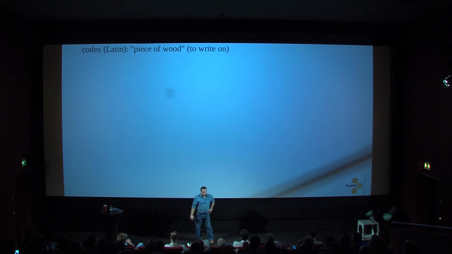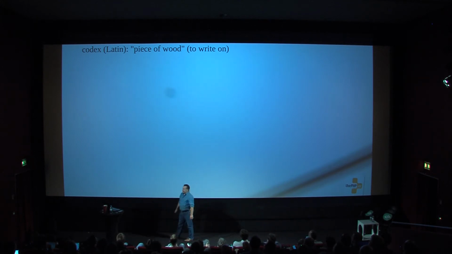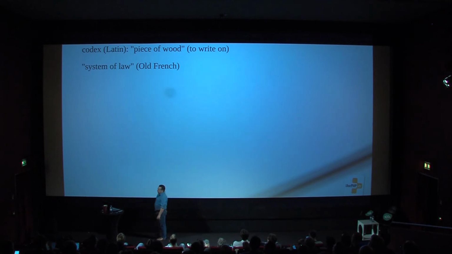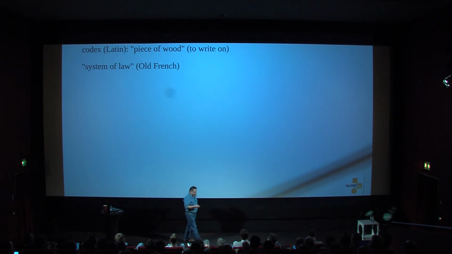So later, the meaning of the term changed, and in Old French, the meaning was a system of law. Now that's very interesting. System of law. Do we have any lawyers in the room? Okay, so nobody's going to sue me, but they are taping it, so let's see what happens.